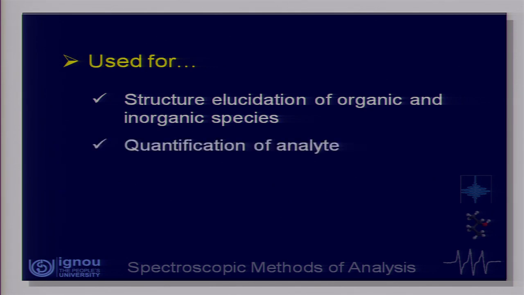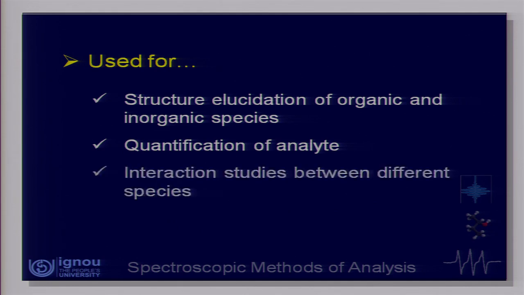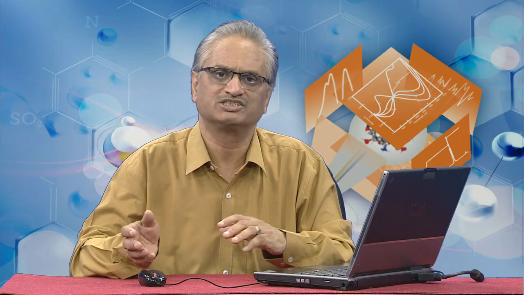Another domain where spectroscopy comes into play, very crucial for the analytical chemist, is the quantification of analyte. Yet another domain is interaction studies between different types of species. That means we can have molecules and ions, ion-molecule interaction, molecule-molecule interaction; a variety of interaction studies can be taken up with the help of spectroscopy.